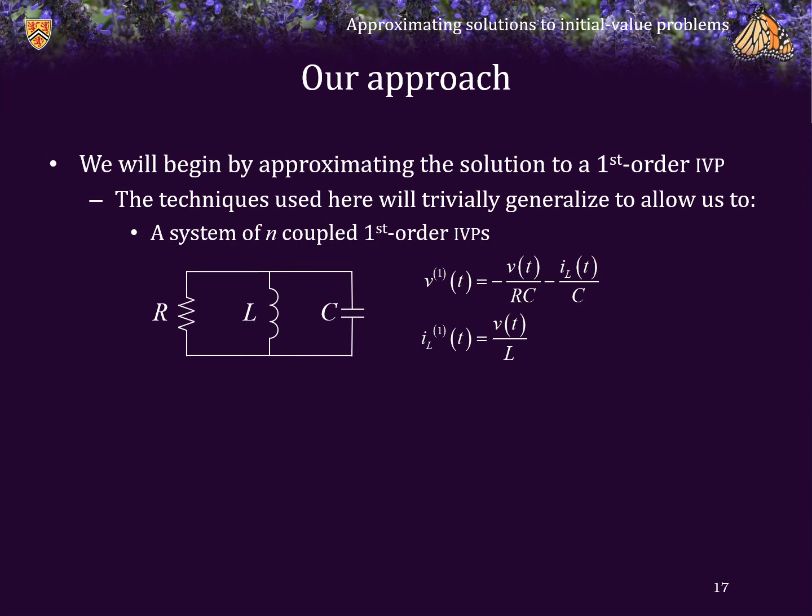Once we have that, we can actually use those techniques to approximate a solution to an nth order initial value problem. So, for example, this second order differential equation describes a pendulum. Notice on the right-hand side, we have sine of theta of t. So in this case, you need two initial conditions, which are, of course, the initial angle of the pendulum and the initial angular velocity of the pendulum.